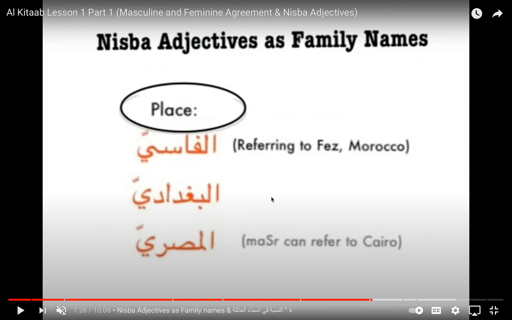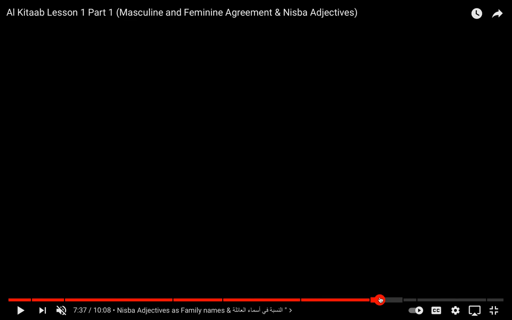Marrakesh is a city in Morocco, and this gives us the belief that he or his family was originally from Morocco. So, again, in Arabic, nisba adjectives can be used for family names. And this is very interesting.